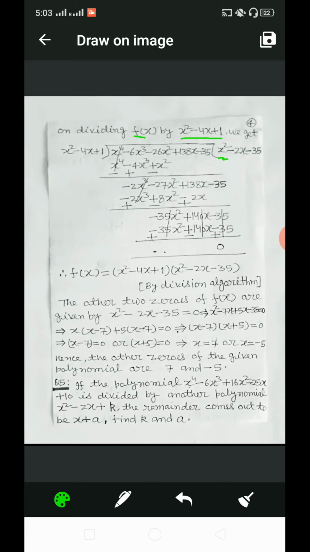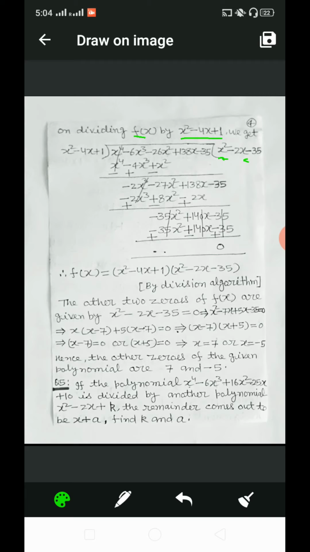Here the first term is minus 2x cube, so on the basis of this we take the quotient as minus 2x and it is multiplied by x square minus 4x plus 1, we get minus 2x cube plus 8x square minus 2x. After changing the sign of these terms, we get plus 2x cube minus 8x square plus 2x, and after solving we get minus 35x square plus 140x minus 35.